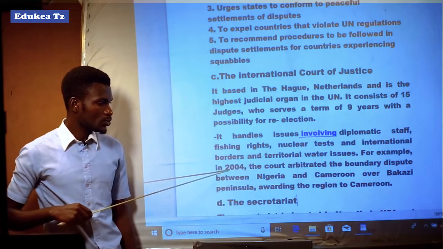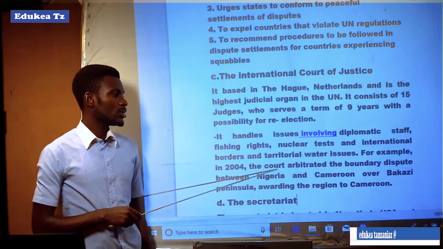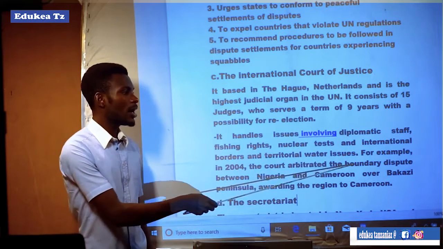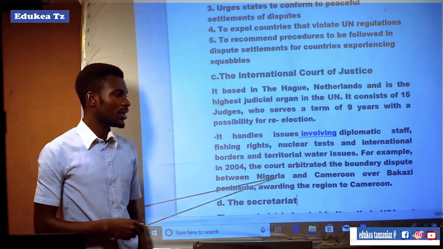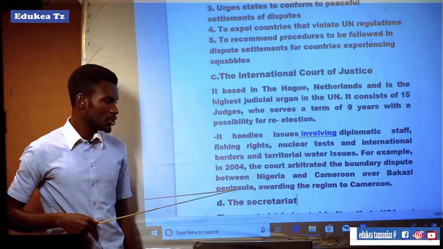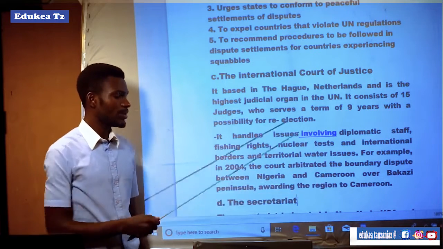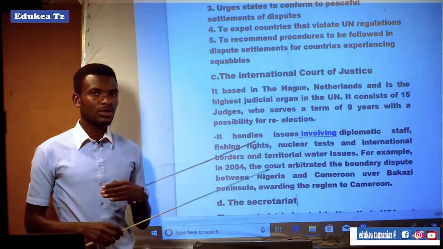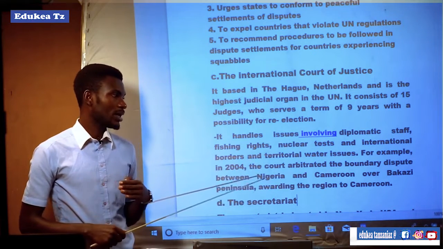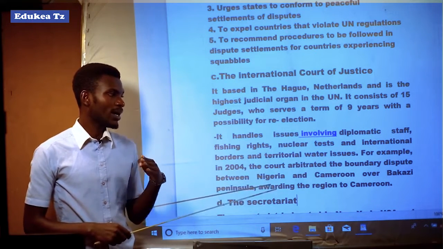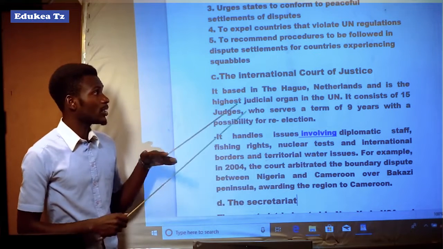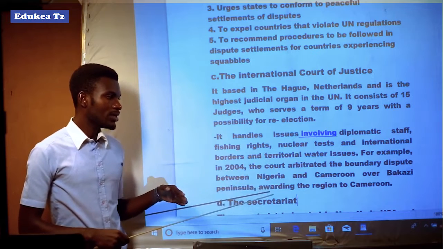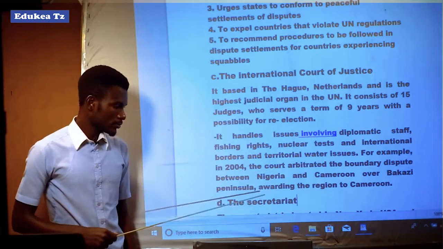For example, in 2004, the court arbitrated the boundary dispute between Nigeria and Cameroon over the Bakassi Peninsula, awarding the region to Cameroon. It means that in the dispute that arose in 2004 between Nigeria and Cameroon over the Bakassi Peninsula, the International Court of Justice intervened and awarded the region to Cameroon.